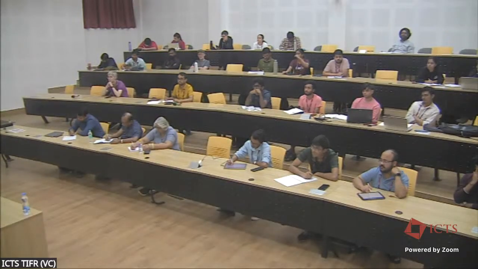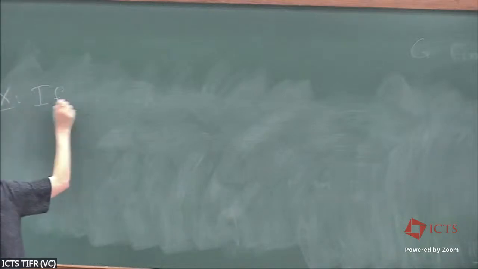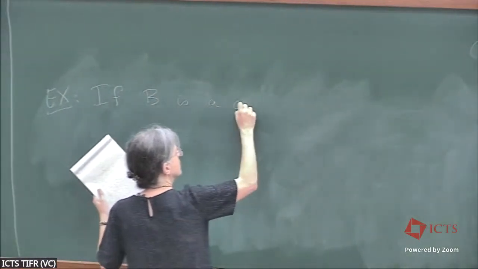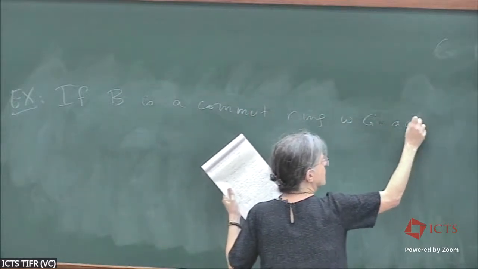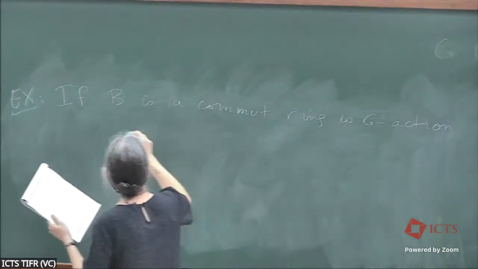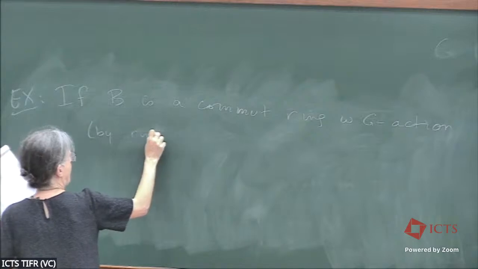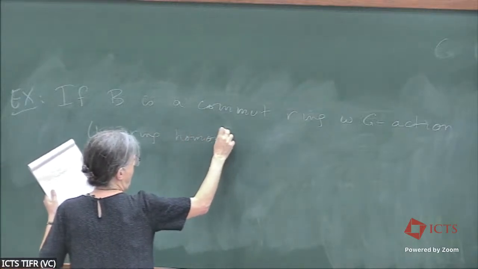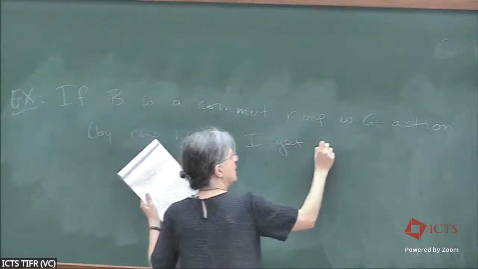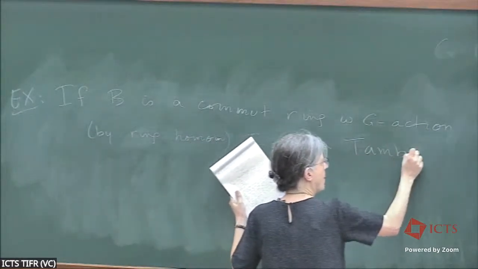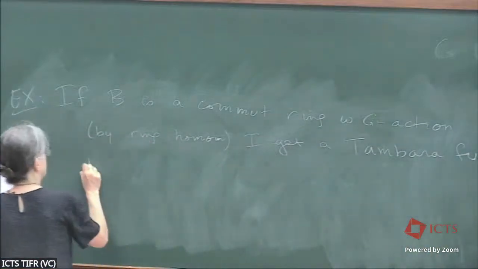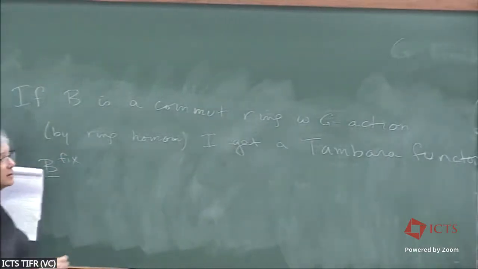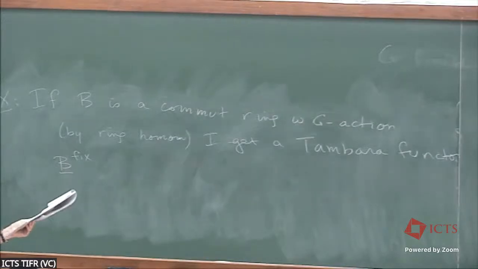So, if B is a commutative ring with G action, obviously by ring homomorphisms, I get a Tambara functor B fix, very much like we had for an abelian group with G action.